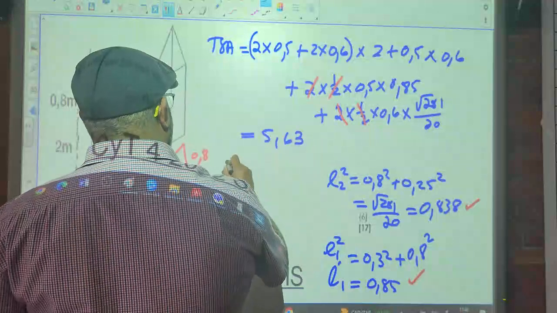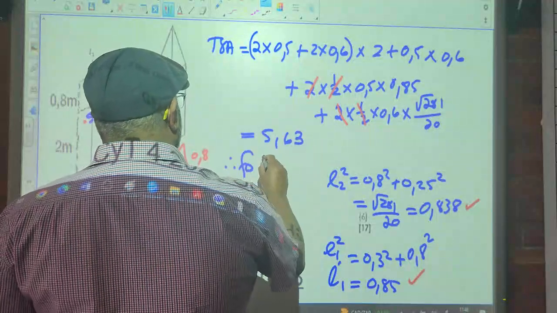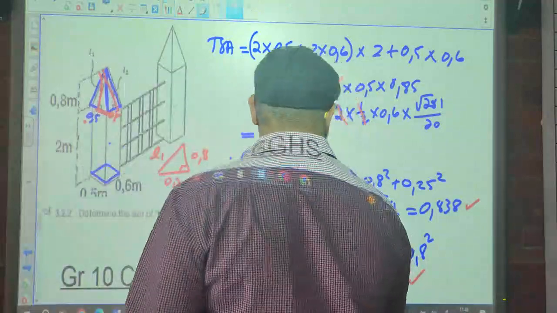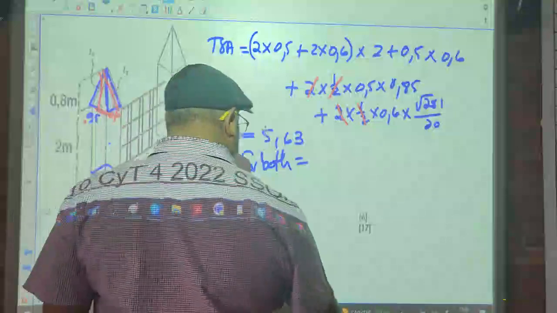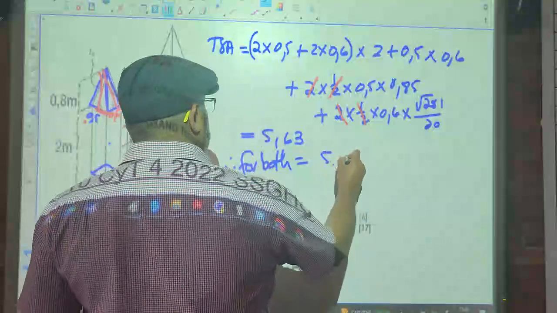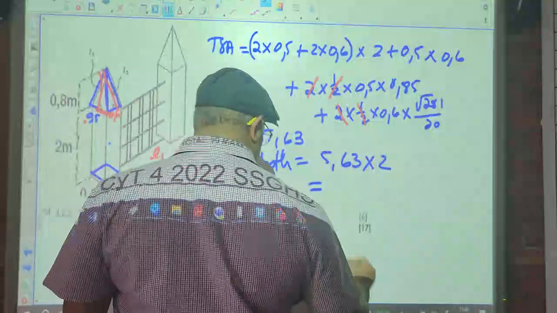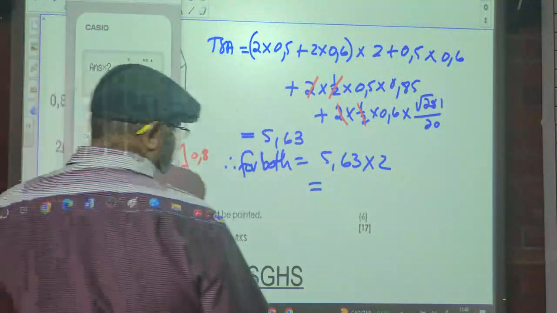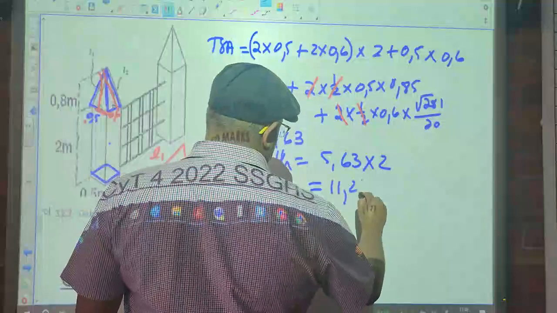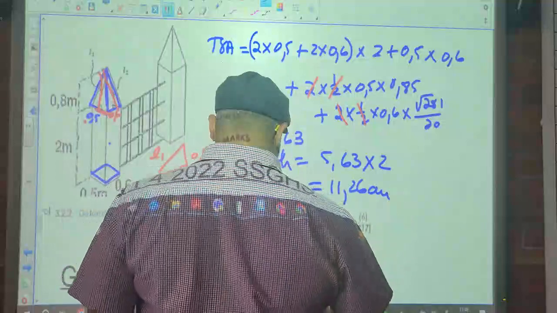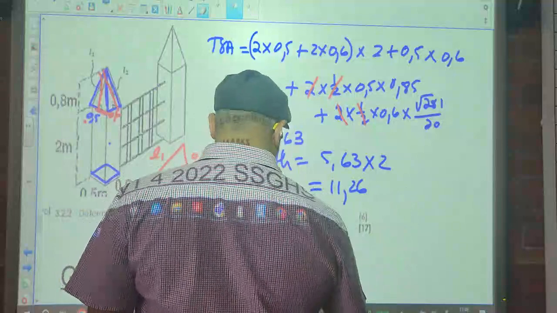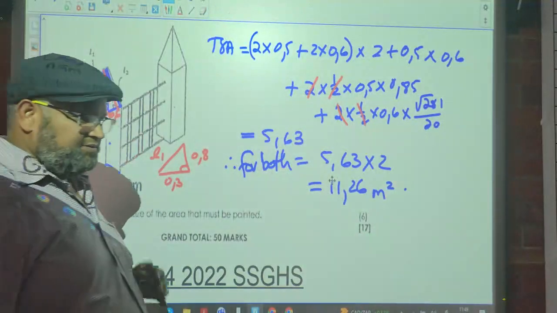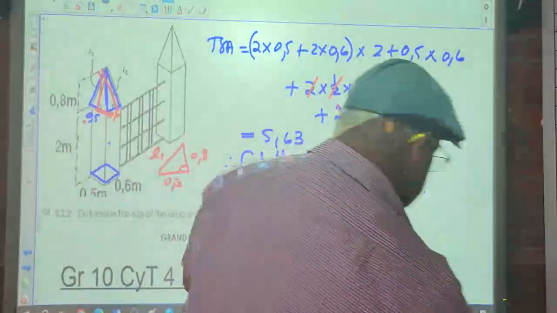So therefore, for both, it will simply be 5.63 times 2, which is 11.26 centimeters, or in this case meters squared. I just must write that down. Let's change it on the memo.